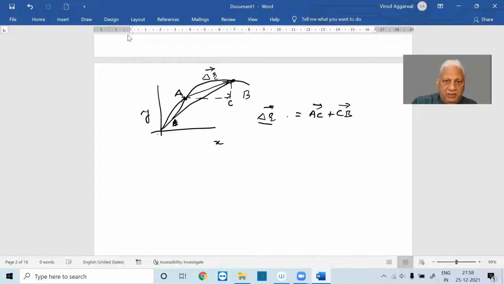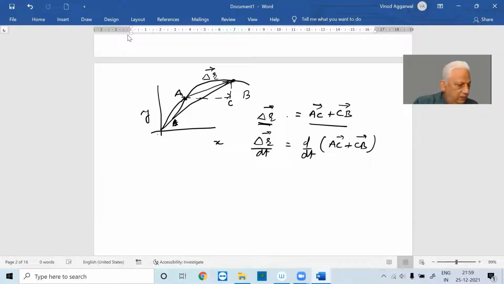And if we differentiate this with respect to time, we have to differentiate both these terms with respect to time. So delta R by dt is equal to d by dt of AC plus CB.